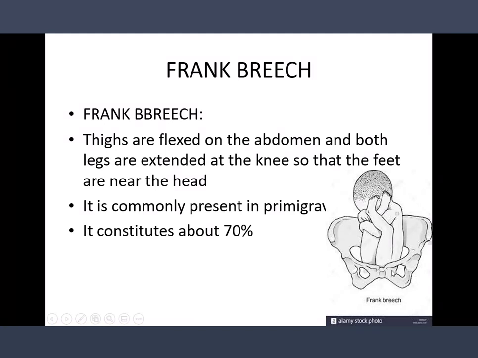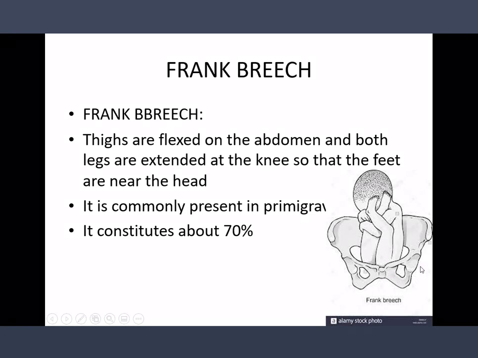So there will be flexion at the hip joint, extension at the knee joint, and it is commonly present in primigravida because of the good tone of the abdominal wall muscles as well as the uterine wall muscles. And this is the most common type in breech presentations. It constitutes around 70% of all breech presentations.